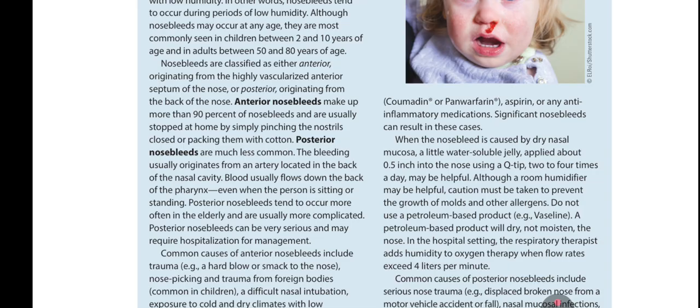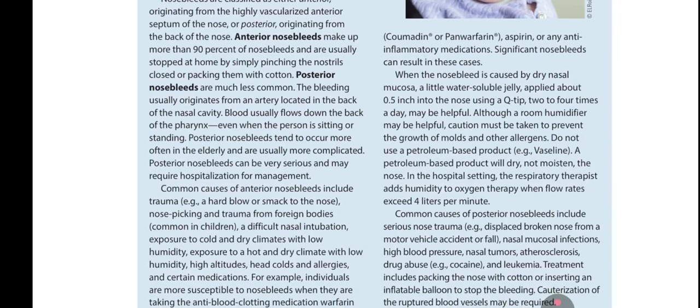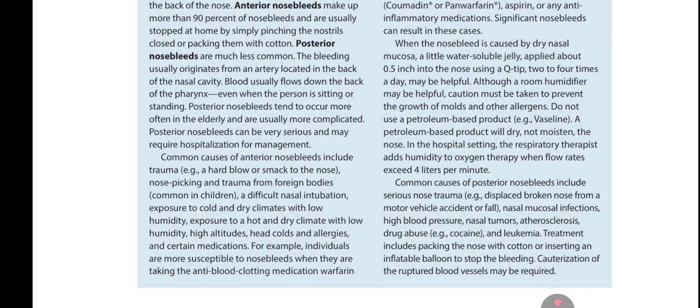If that artery is affected, therefore the supply of oxygen could be affected. So blood usually flows down the back of the pharynx even when the person is sitting or standing. So usually it's with the elderly and it requires hospitalization for management.